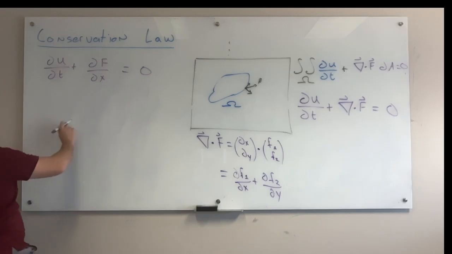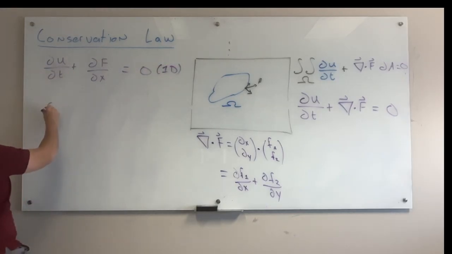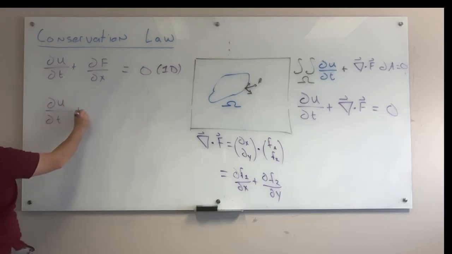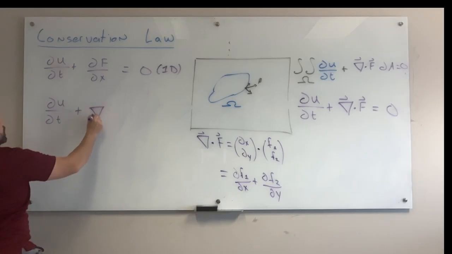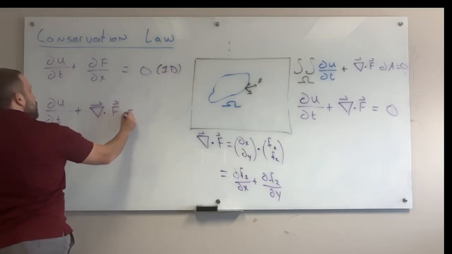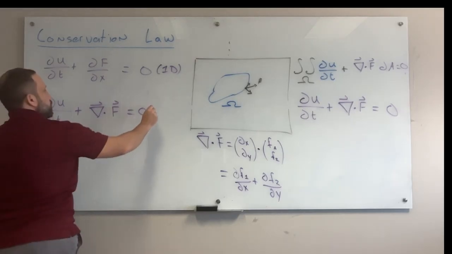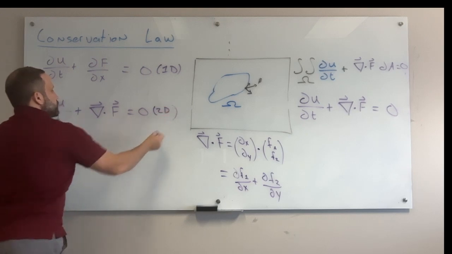This is one dimension. And then in 2 dimensions, we're going to have the t derivative of u plus the divergence of the flux. And here I will write the arrow notation for f, simply because it is a legitimate two-dimensional vector. Okay. And this is the two-dimensional version.